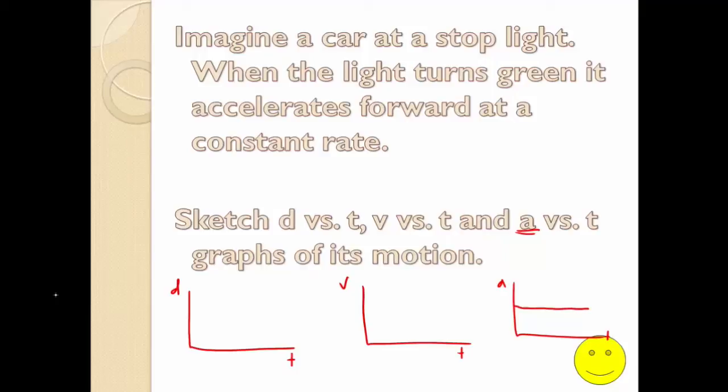So if there is no acceleration, the slope of a v versus t graph would just be 0. It would be a constant flat line, just like our acceleration versus time graph. But the fact that we have acceleration now means we'd better see a straight line that looks like this. Why do we know it's sloped up and to the right? Because we're told that it is increasing at a constant rate. So this is positive, and it is positively increasing.